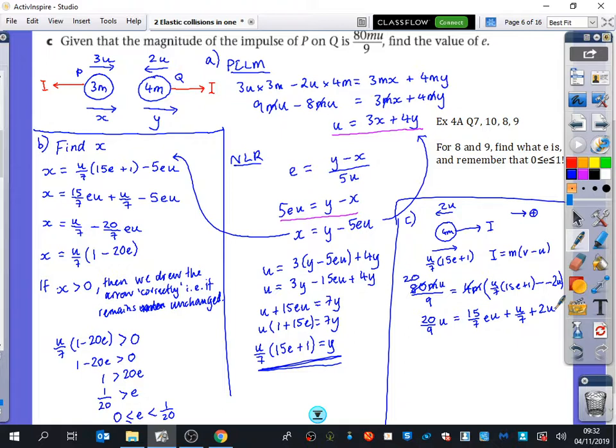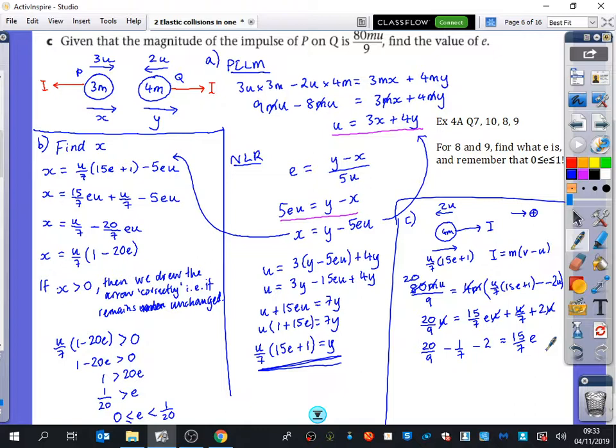Now you can see that it's really easy to cancel the u's out because the u's are just everywhere. So we can cancel this u, this u, this u, and this u. So we've got 20 over 9 minus 1 over 7 minus 2 equals 15 over 7e.